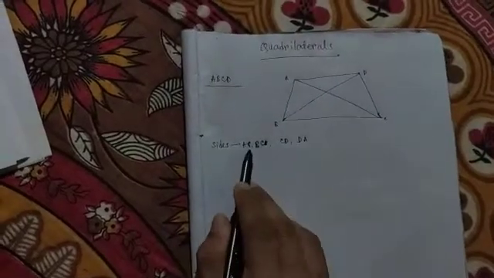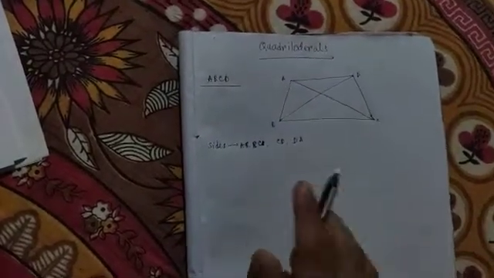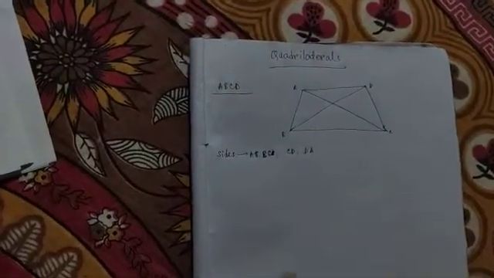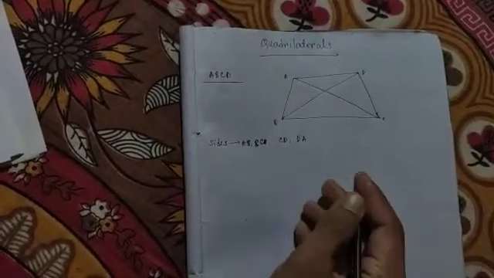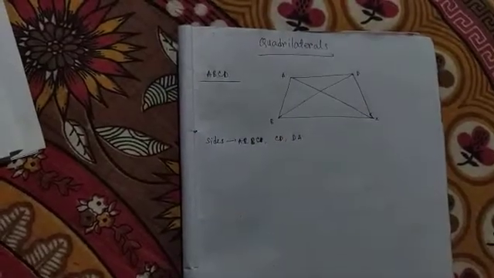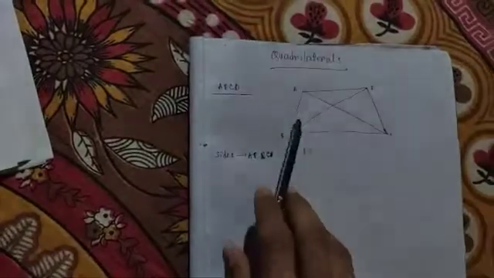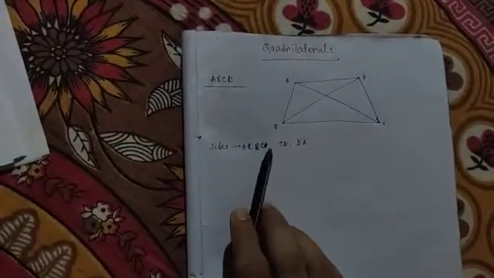AB and BA are the same, BC and CB are the same, CD and DC are the same, DA and AD are the same. So here you have four sides.